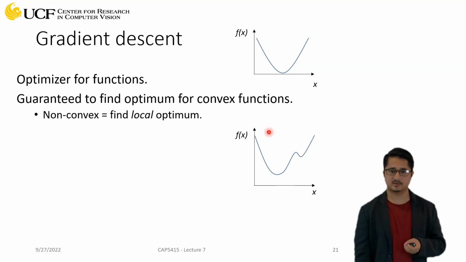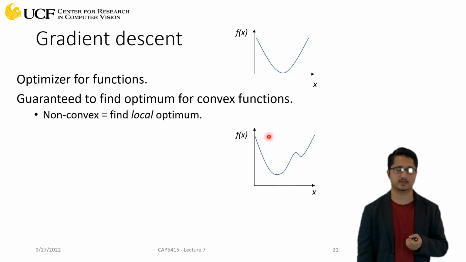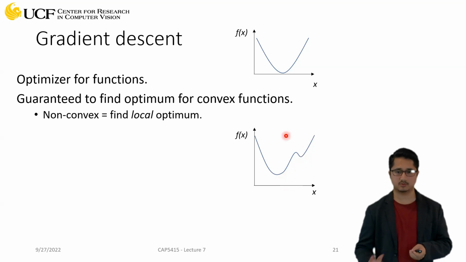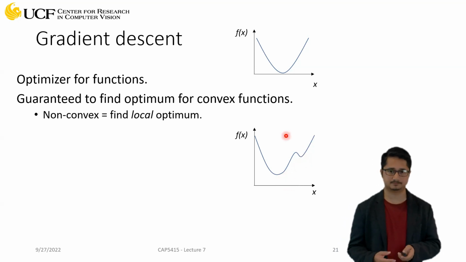The reason is you are initializing your weights randomly, right? So it could be that when you initialize your weights, you start from this location. In that case, you will end up at this location. But another time you might be initializing with this point. In that case, you might end up at this location. Okay, so this will give you two different networks when you try to optimize it.